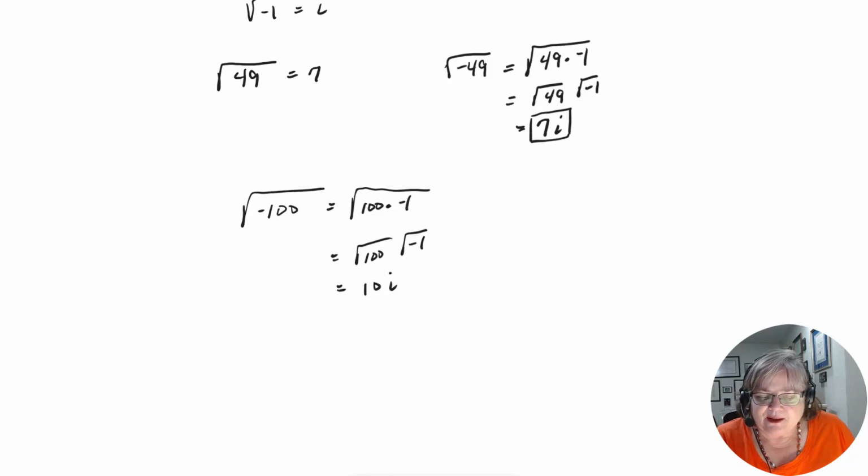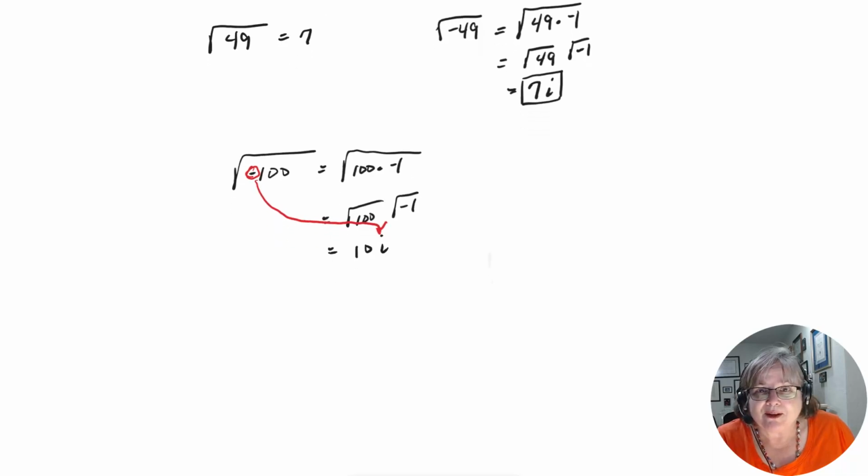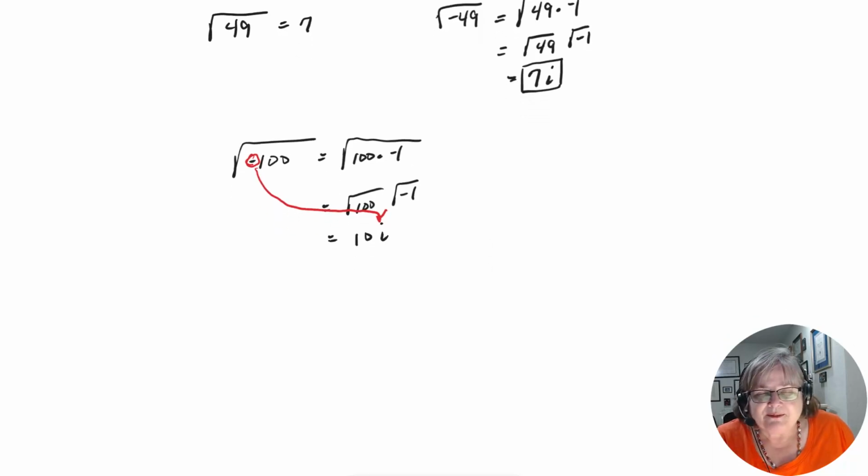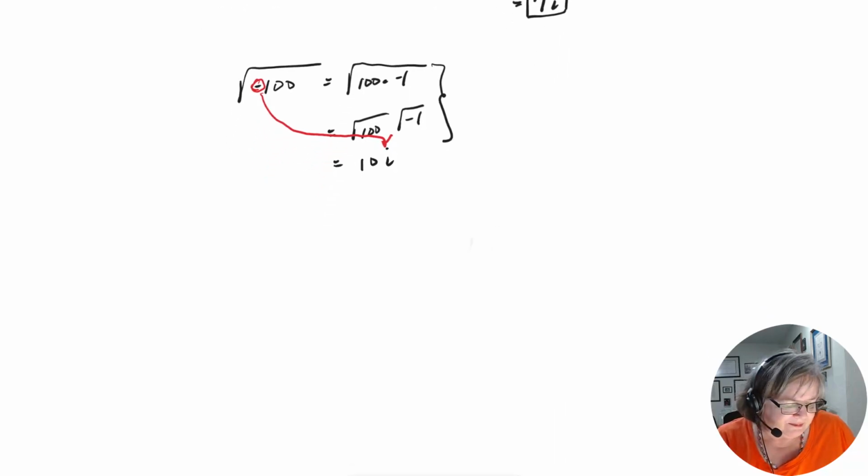If you see this negative right there, they go, oh, this is going to be an imaginary number if it's a square root. So I'm just going to pull this out as an i, and then the square root of 100 is 10. So they just sort of do it that way after they get used to it. But slow and correct is better than fast and wrong. So if you are still just sort of hanging on to this concept, put all these steps in.